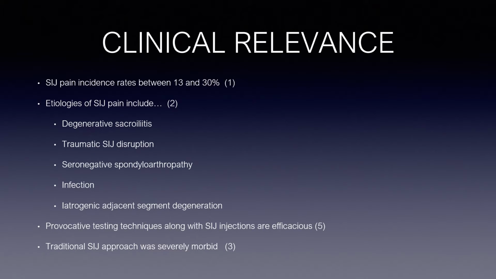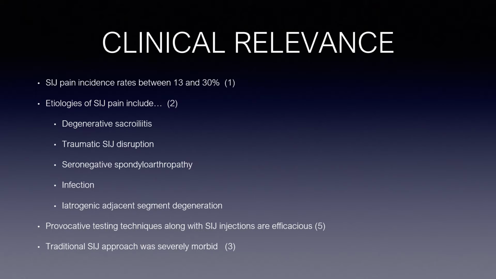As all of us know, sacroiliac joint pain incidence is between 13 to 30% based on many studies. Etiology of sacroiliac joint pain is degenerative sacroiliitis, traumatic sacroiliac joint disruption, seronegative spondyloarthropathy, infection, iatrogenic adjacent segment degeneration following lumbar fusion surgery.